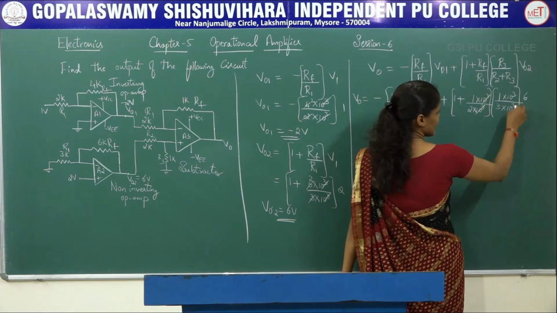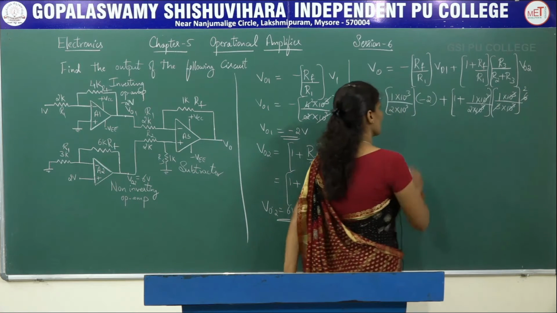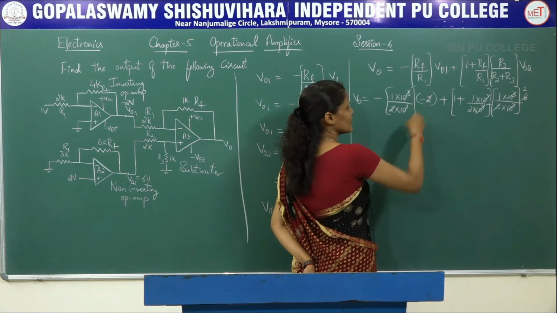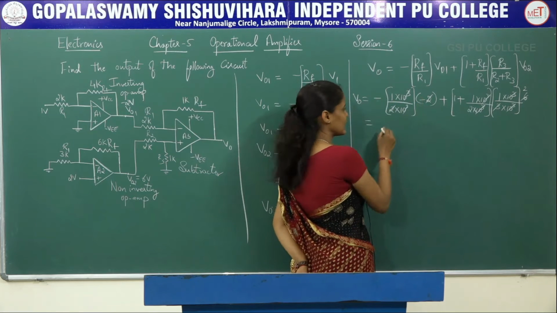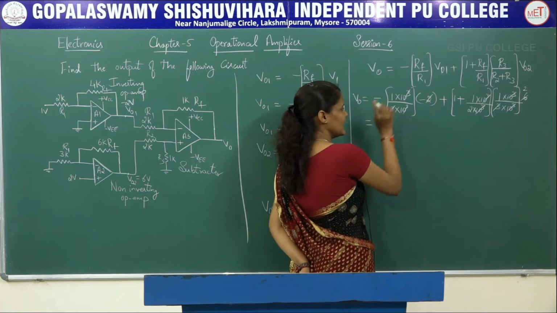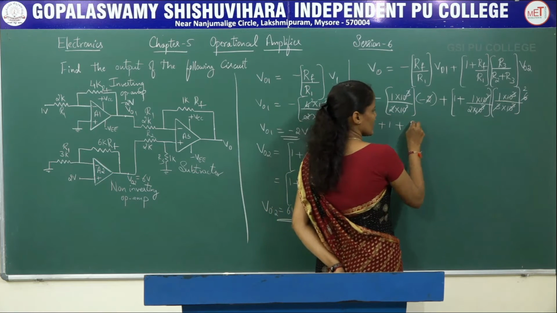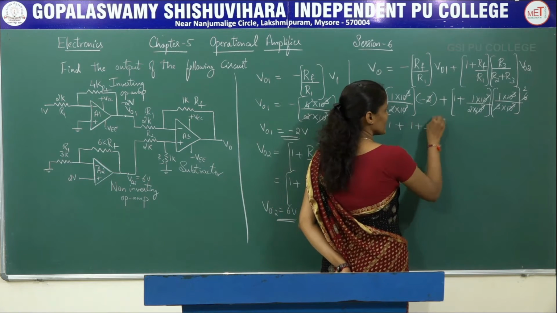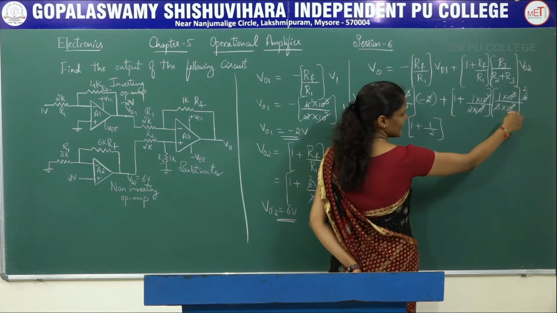This gets cancelled. 3 ones are 3, twos are... this gets cancelled. 2 ones are 2, ones are... Minus into minus is equal to plus 1. Here 1 is left. So plus 1 plus 1 plus 1 by 2 of 1, here the entire thing got cancelled.